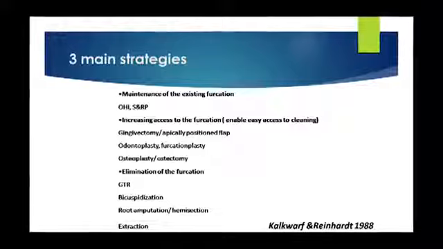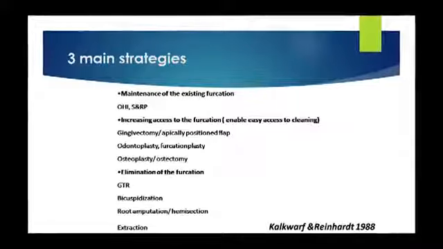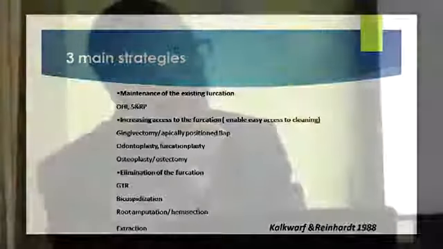Sometimes if the furcation is difficult for the patient to push a brush there, you can do procedures that can make it easy to clean that furcation, either using interdental brushes, or flossing threads, or tapered flosses, or water jets, or any cleaning aid that can access that place.